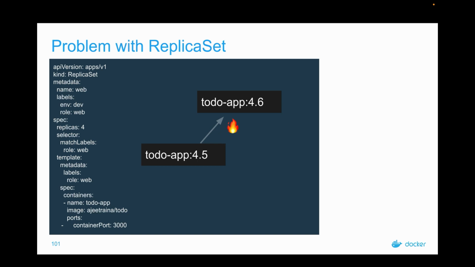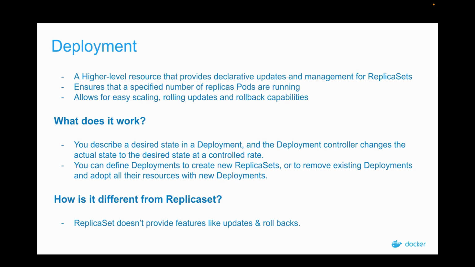So a deployment resource uses a ReplicaSet to manage the pods, and it helps you update it in a controlled way so that you don't really have a downtime. So what is deployment? The Kubernetes deployment resource uses ReplicaSet, which we have already seen. It is a higher level resource that provides declarative updates and management of ReplicaSet.